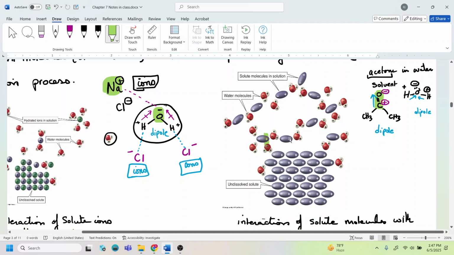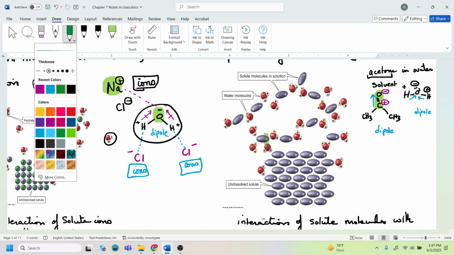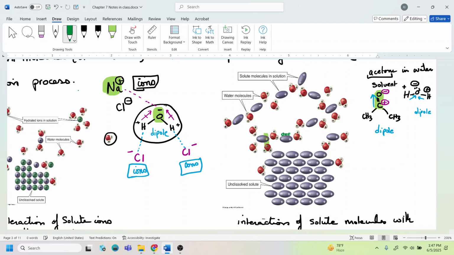This is how they're representing the dipole-dipole interaction. So this is the C double bond O of the acetone. I'm only representing the C double bond O. The C is positive, the O is negative. So you're going to have a dipole-dipole interaction between the positive C and the negative O. Always the solvent wraps itself around the solute so that it dissolves it.